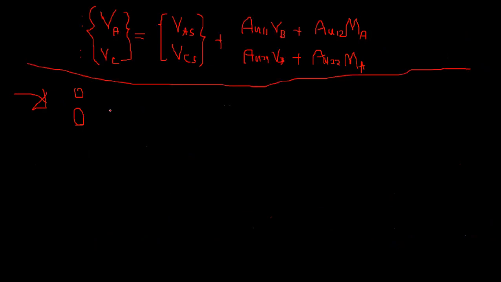This is not. So from the previous slide, okay? So you had 0. So this is your D matrix, D1 and D2. And you can take those out.